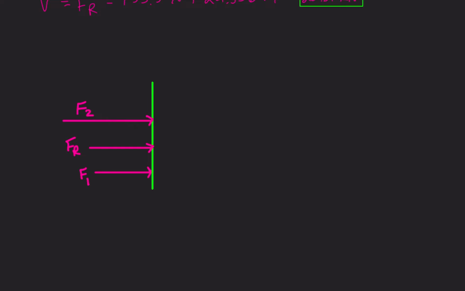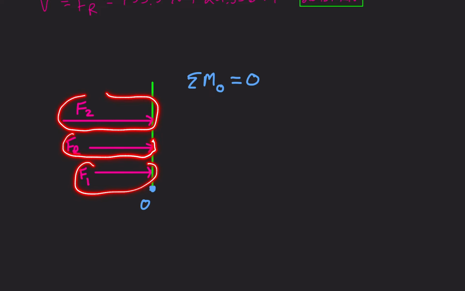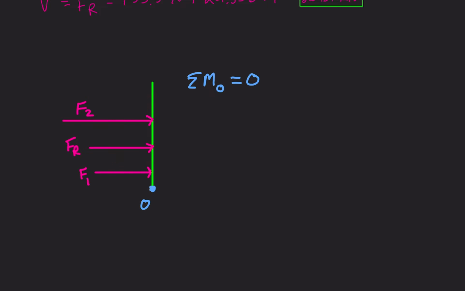Now, if we look at a point, call it point O, and we sum the moments about point O, we know that this thing isn't rotating, right? Now, I should note that, let me be very clear here, these are not acting consecutively, okay? It's not FR is acting on top of F1 and F2. I've simply drawn them here to show the equivalence.